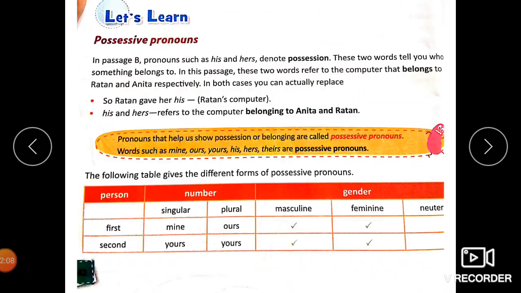Now coming back to these words that we have learned, they are used as possessive pronouns in various persons and numbers. Let us take up a few examples. Now if I say the sentence, this notebook is mine. Which word in this sentence do you think is a possessive pronoun? It is mine.